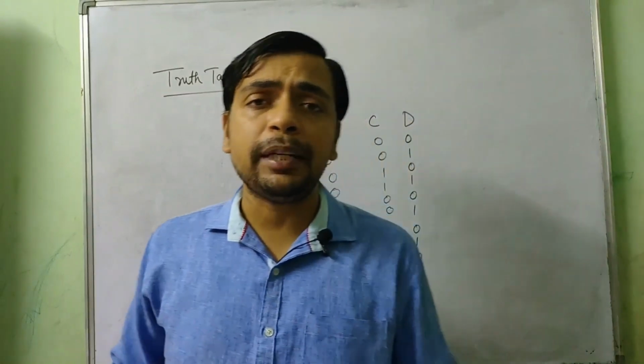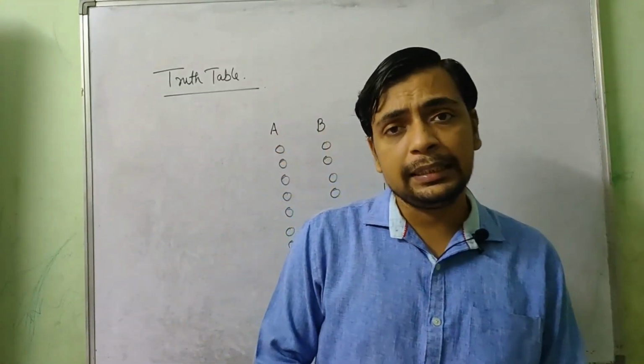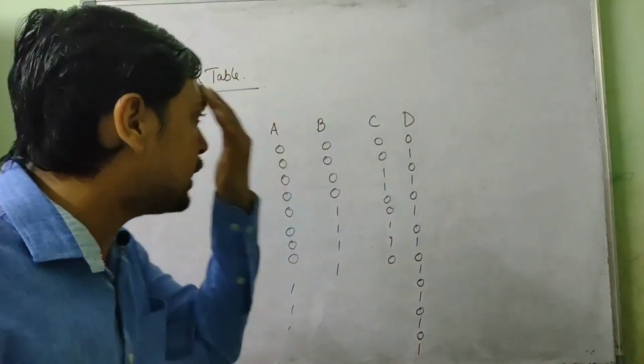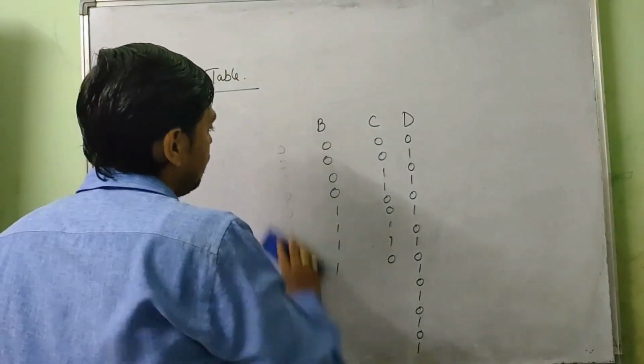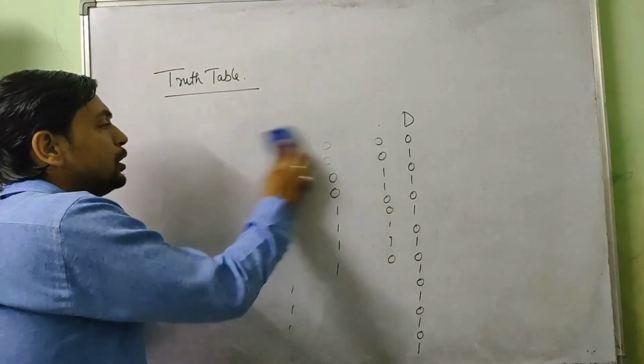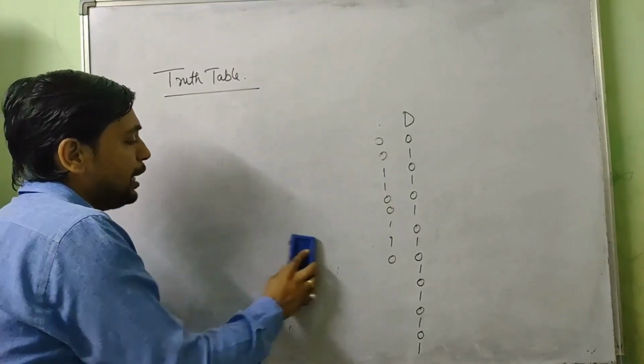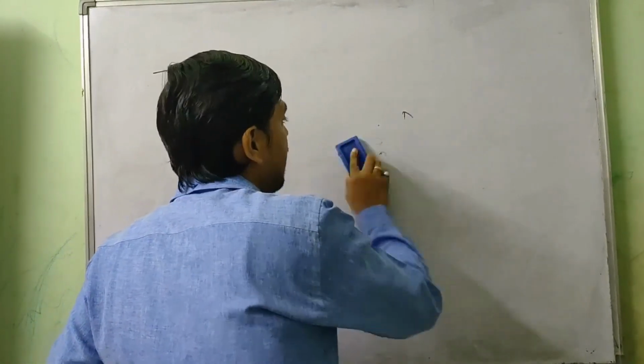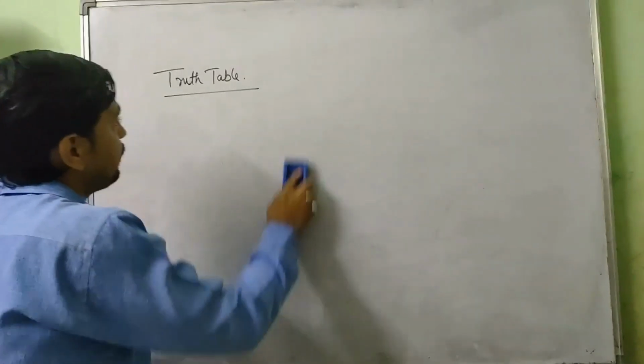Now the next topic that we are going to discuss is connectives. The question is, what are connectives? We have seen what a proposition is, we have seen what a truth table is, and now we will see what connectives are. There are actually 5 different connectives that we are going to study.